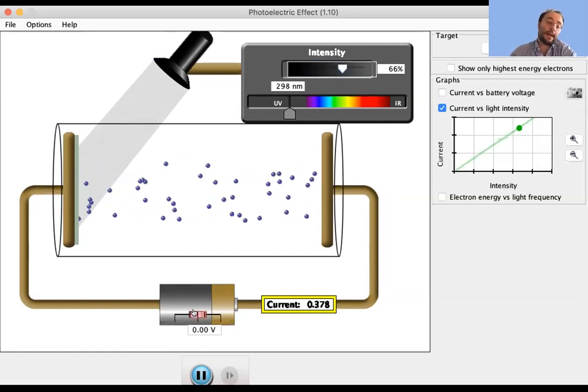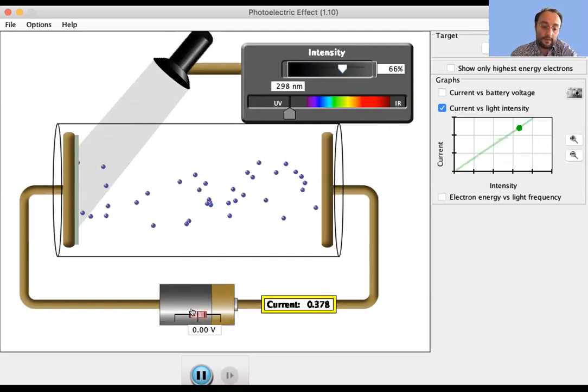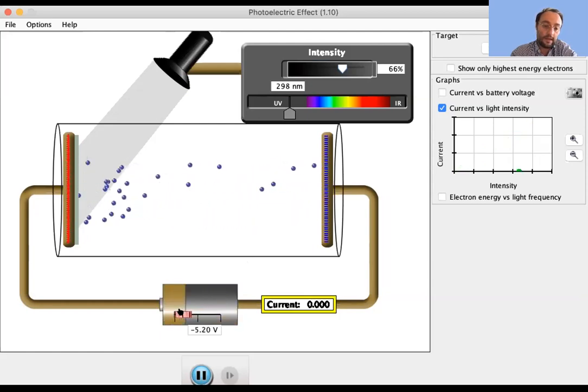You can apply voltage in the other direction that tries to stop these electrons, right? And the voltage needed to stop the electrons, to turn them around, sort of like a headwind, is larger if the kinetic energy of the electrons is larger, or if they're moving faster.